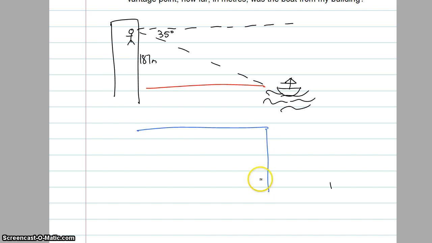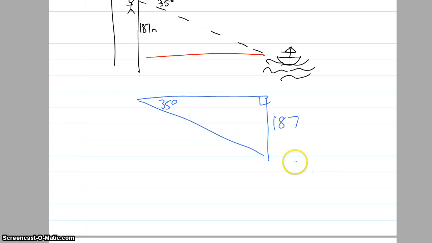So there, there, and there. And my right angle is just there, 35 degrees, 187 is there. So now I can find out what that distance is there. So what am I going to use? That's opposite and that's adjacent.